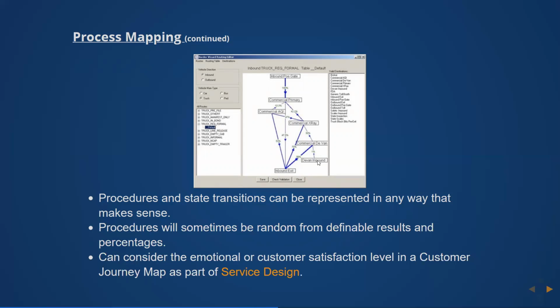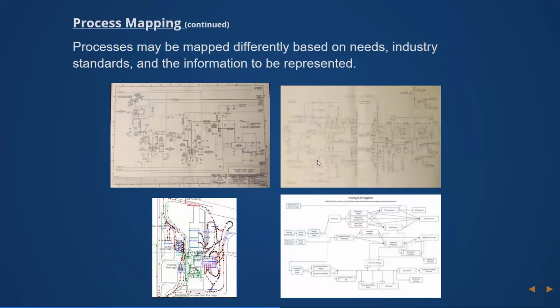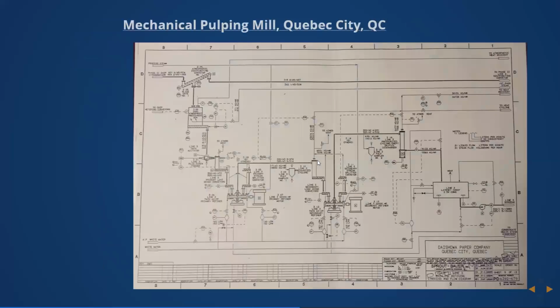And one of the things the lady talked about was a customer journey map. So you could think of a customer at Starbucks as going on one of these. So again, it's a way to look at things from every angle.